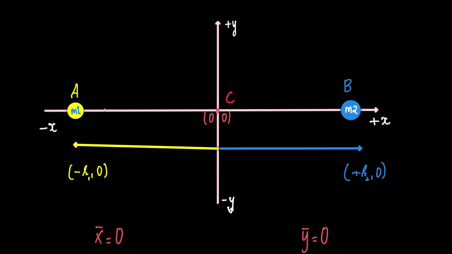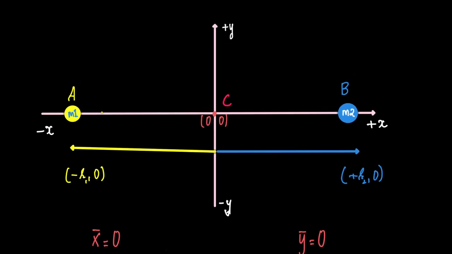If you were to understand the diagram with y-axis, x-axis, origin, and what is present at the origin, the center of mass C is present at the origin, having the coordinates x bar comma y bar, right? And what is A? A is the location of m1, which has the coordinate x1 comma y1. What is B? B is the location of mass m2, which has the coordinate x2 comma y2, right?